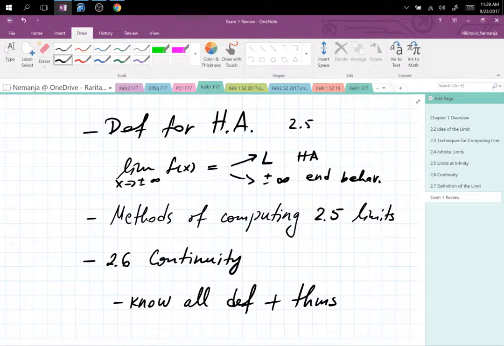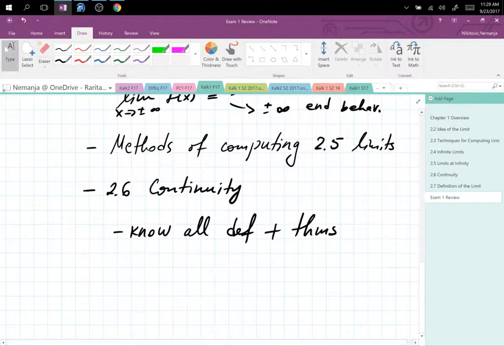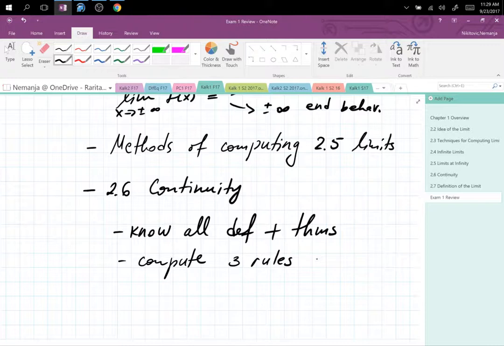So know all of those definitions, and then compute 3 rules. And I think that's it.